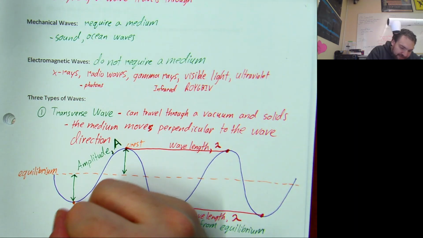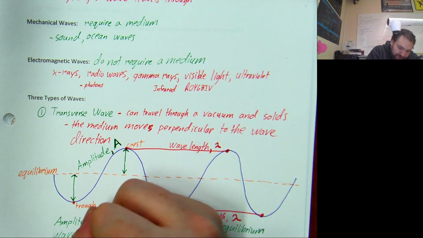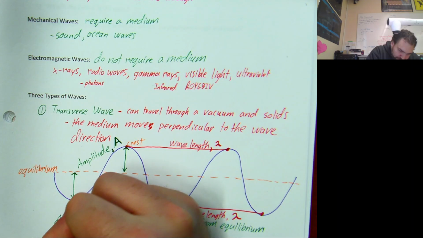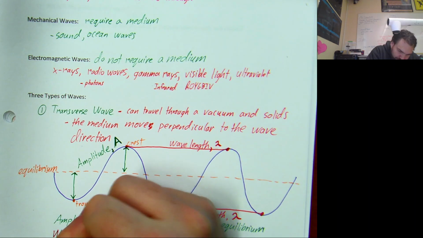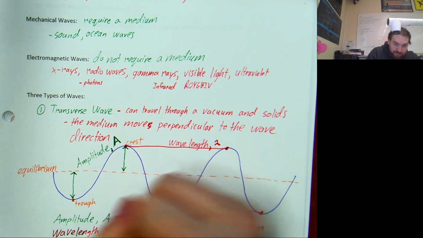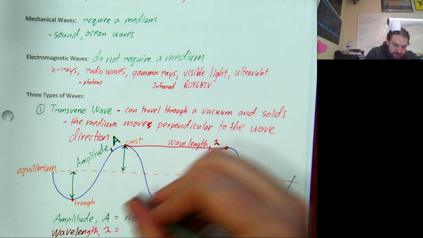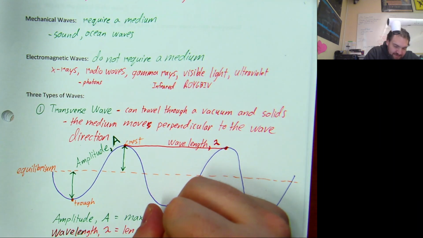And the wavelength, I'm going to draw another lambda, so I should do this one in red. Lambda is equal to, that's how we talk about the length of a wave.